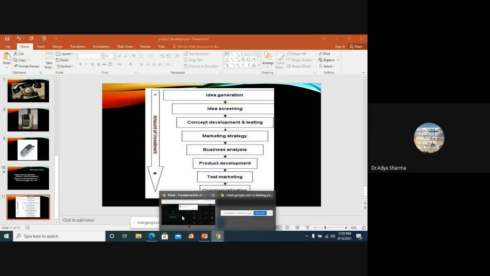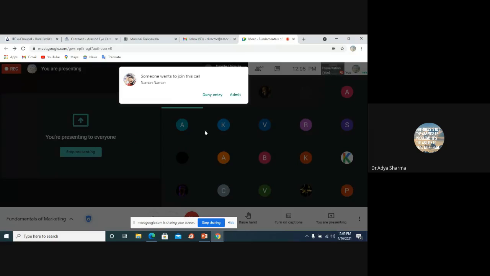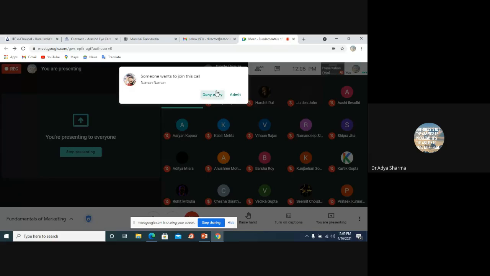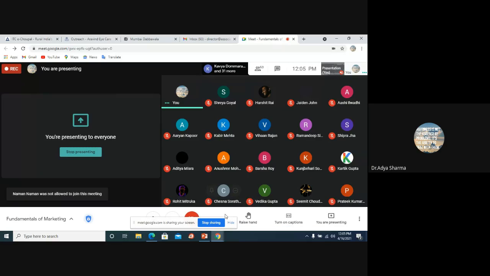At this point of time, let me come back to you and understand if, whatever we have done, have you understood what we have been talking about? Today we started with the BCG matrix, just a revision of the BCG matrix.